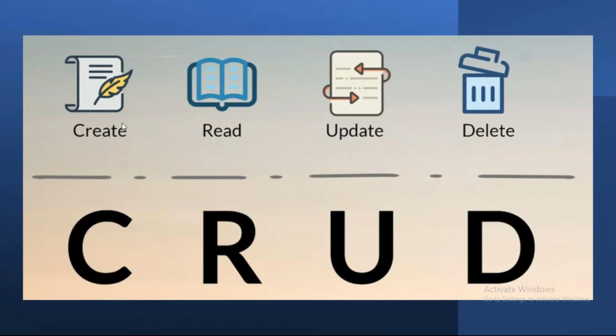If you want to read from the database, you can. If you want to update something in the database, you can. If you want to delete something from the database, you can. That is nothing but CRUD operations. If someone asks you about CRUD operations, don't say, oh my god, I haven't even heard that word. This is a simple one.